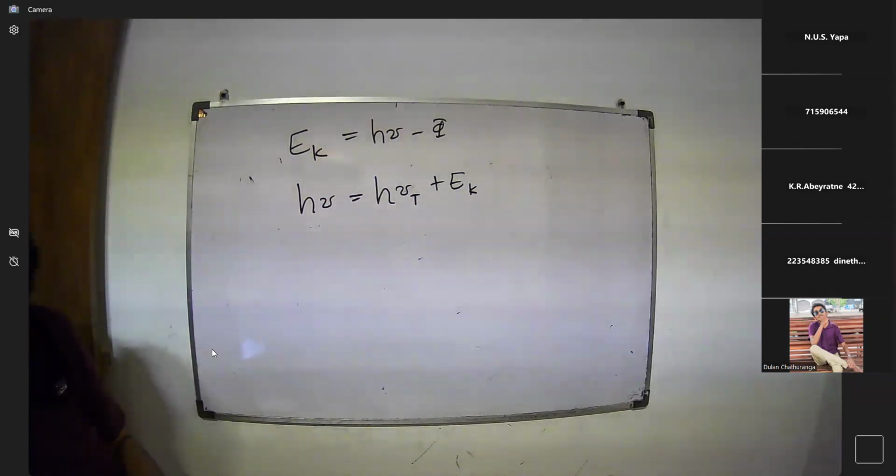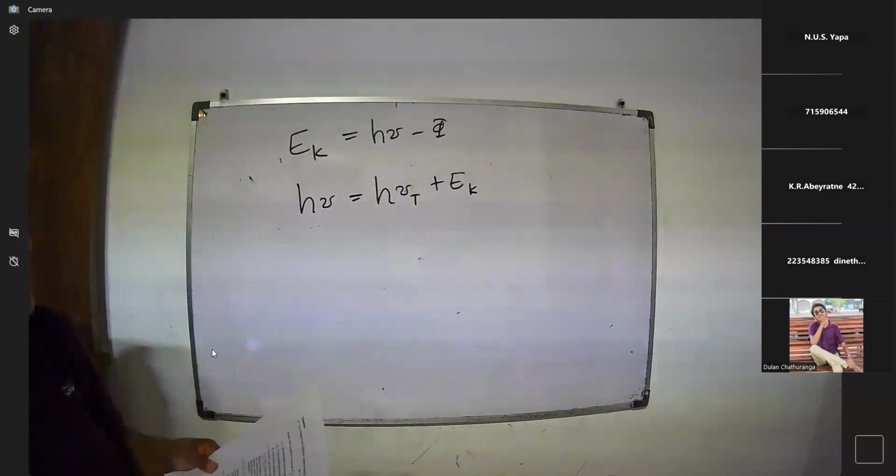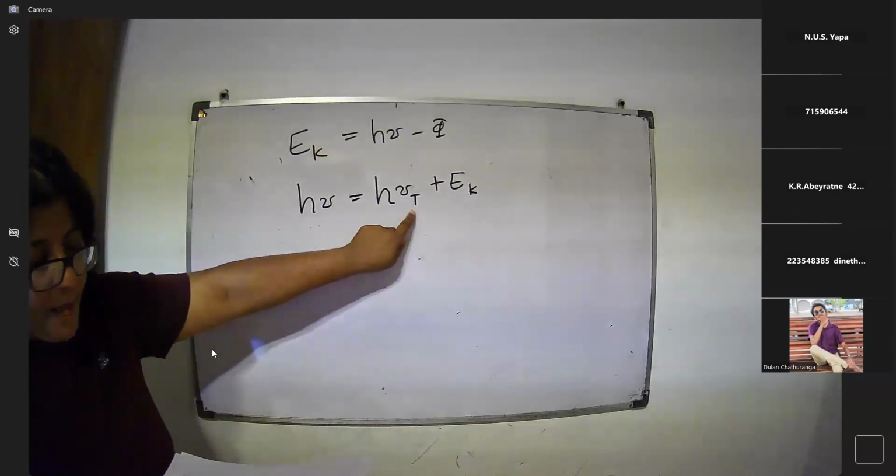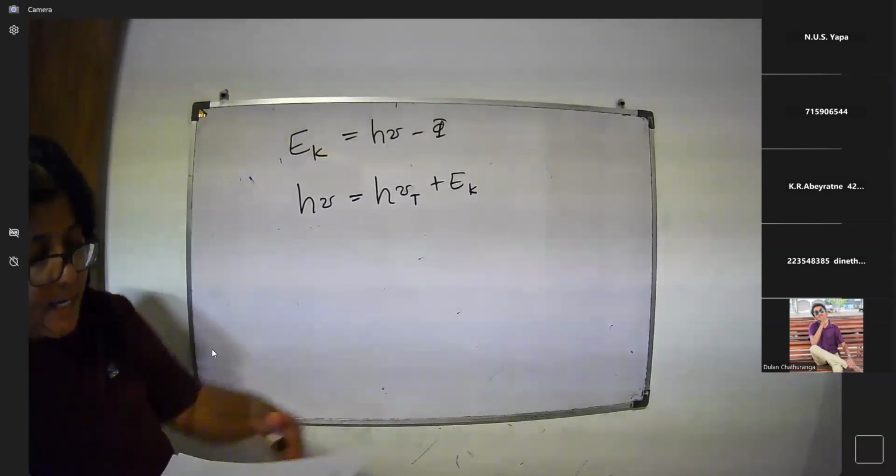Then we can rewrite this equation, calling this the cutoff frequency: h nu equals h nu t, the cutoff frequency term, plus EK, the kinetic energy.